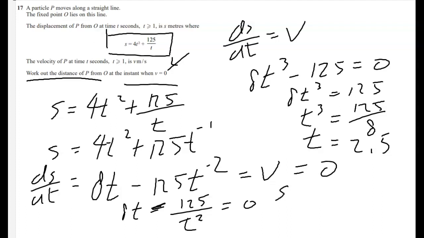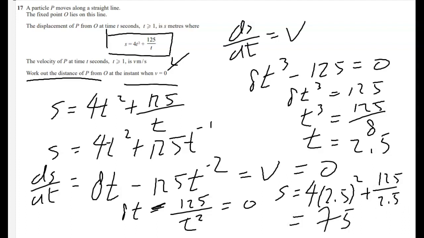So my formula would then be s equals 4 times 2.5 squared plus 125 divided by 2.5, and by inputting into a calculator, you should be able to find that 75 is the displacement, and obviously the displacement unit is m. So that's it for the answer for this question.